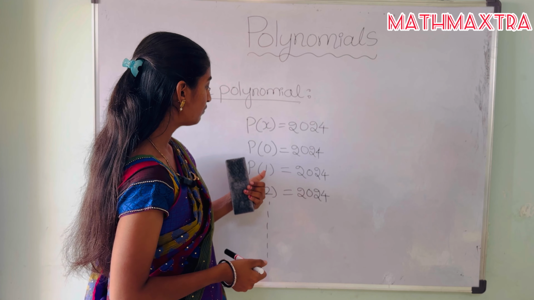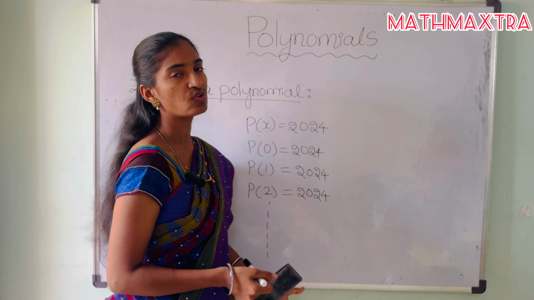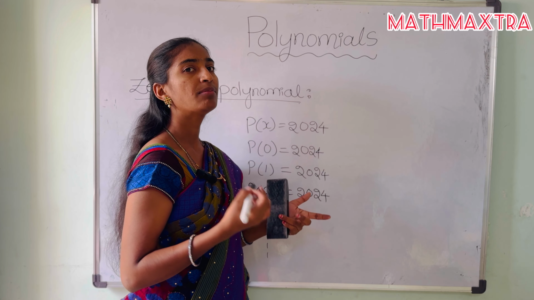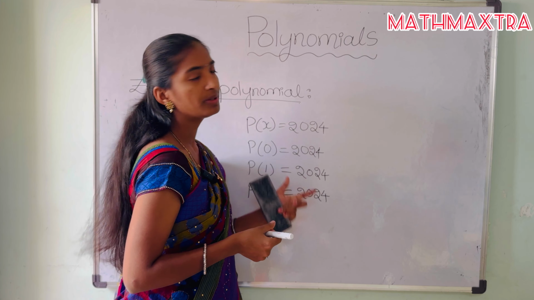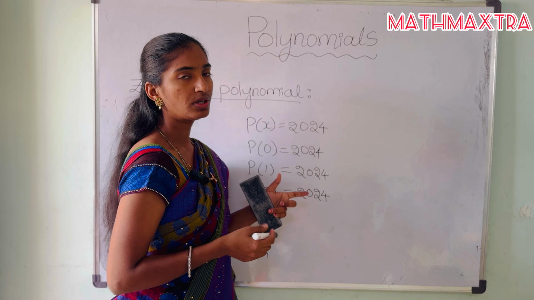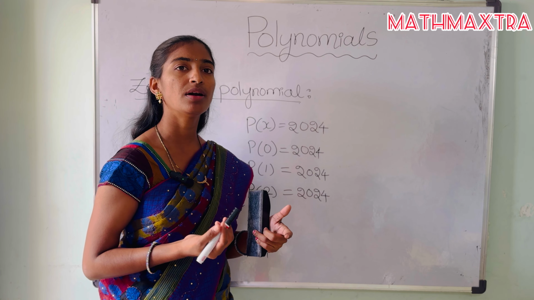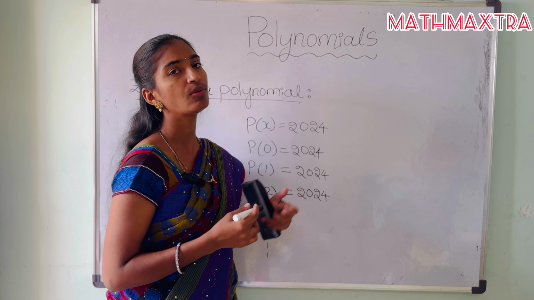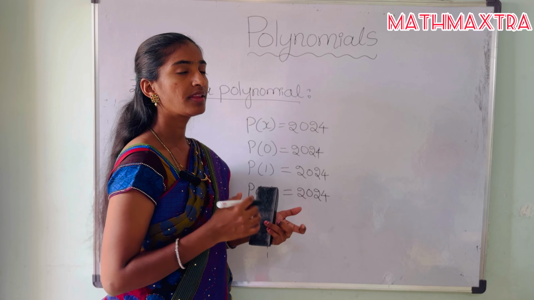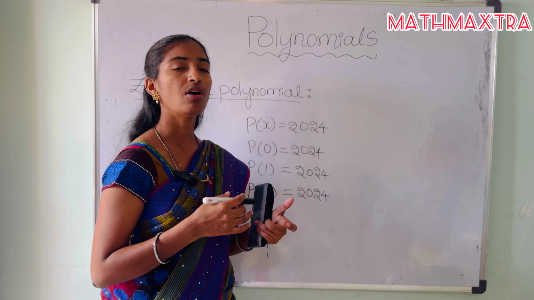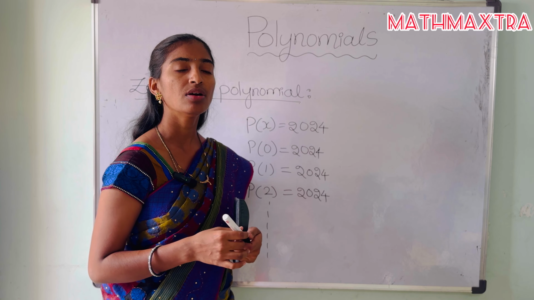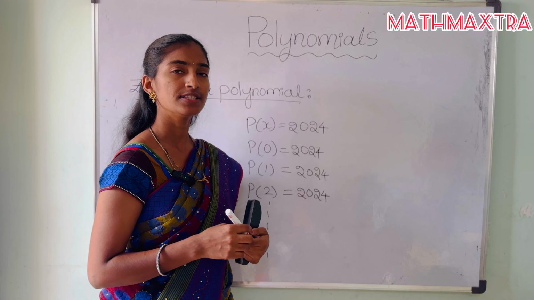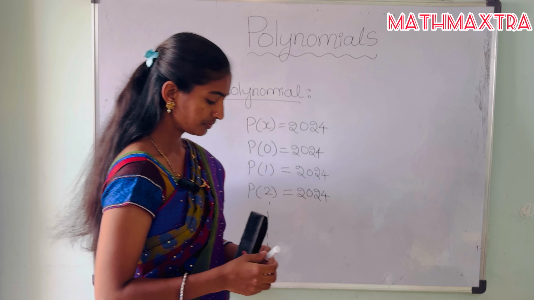So if you substitute 1, 2, 3 and so on, whatever number you take, it won't become 0. That is why, what is the zero of a constant polynomial? We don't have any zero of a constant polynomial. Means how many zeros are there for a constant polynomial? Which is 0.